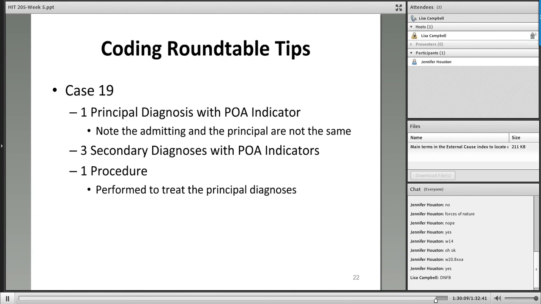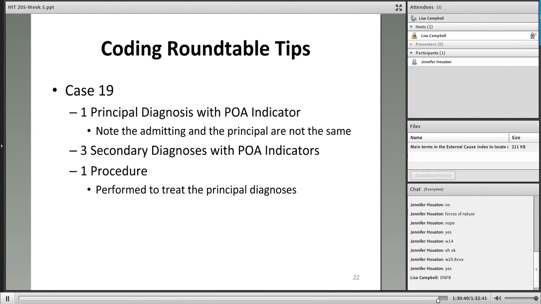Okay, and then the young man did have a procedure today, and it was exploration of the right testicle with excision of right testicular appendix. Now, remember our root operations.